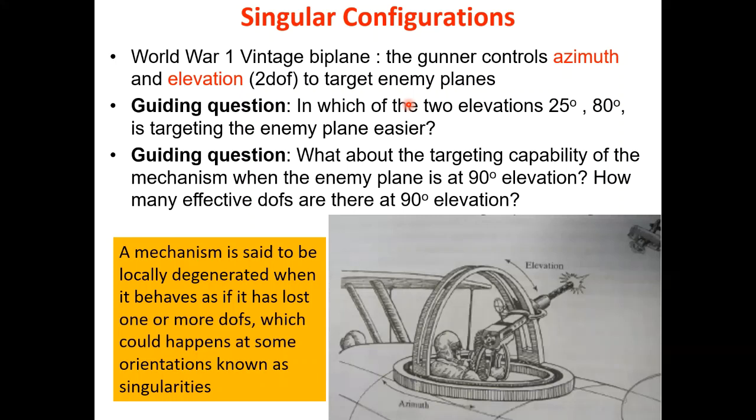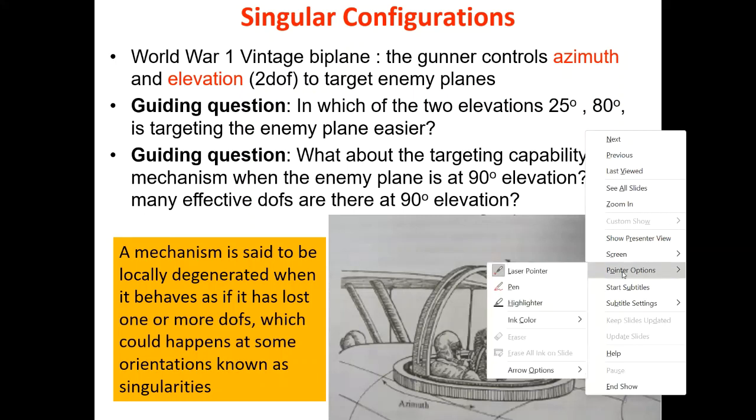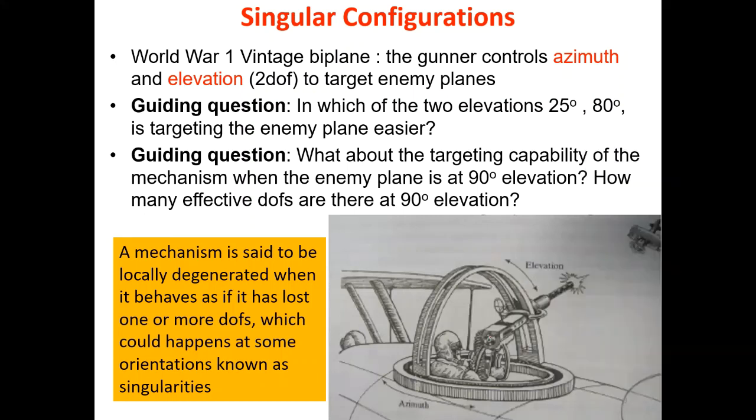Right. I think 25 is correct because 25 is a nice angle. The gunner can point the gun and lock it to the target easily. But whereas if it comes like 80 degrees, then you are looking at probably this direction, right?